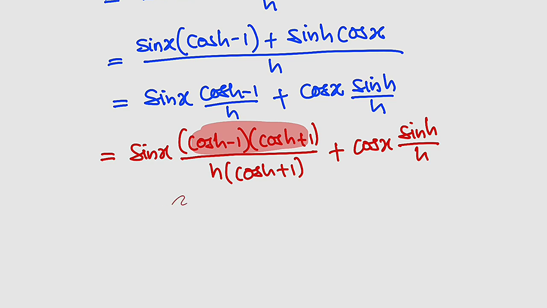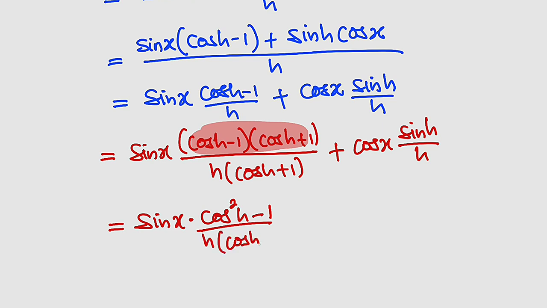You take the first term and square it, that is cos squared h. So we have sine x multiplied by cos squared h minus the second term squared, that is 1 squared, which is 1. We divide by h multiplied by cos h plus 1.